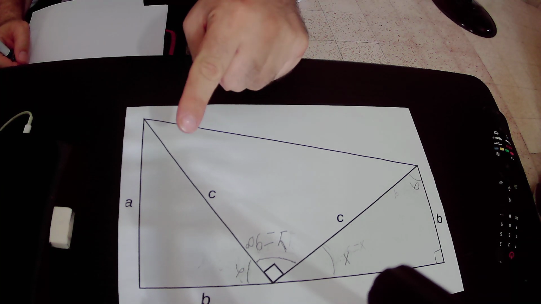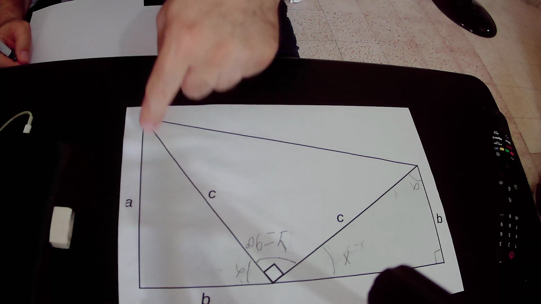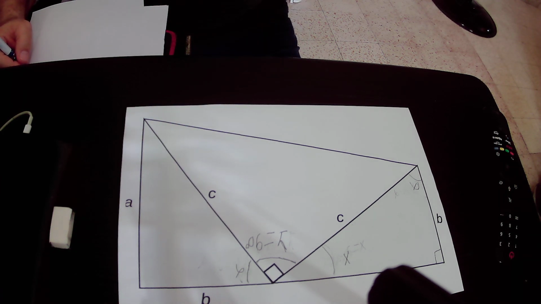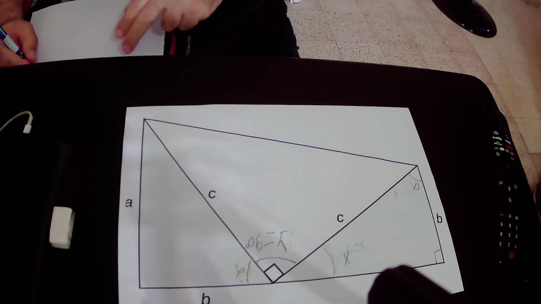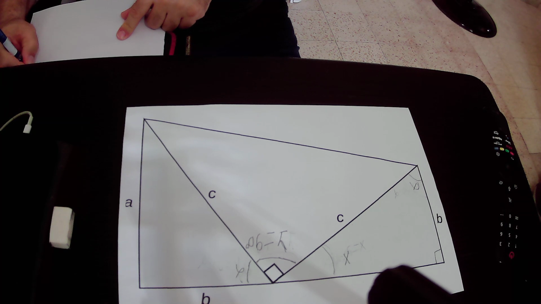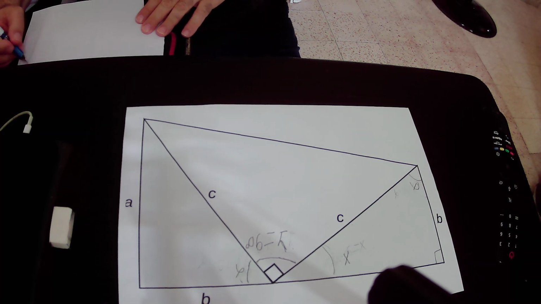And the area of the left triangle is the base times the height to the base: B is the base, the height to the base is A, divided by 2. So it is B times A divided by 2.